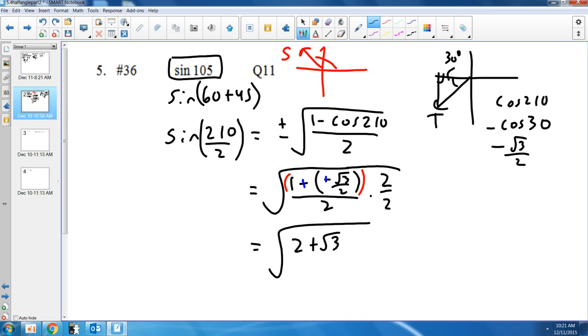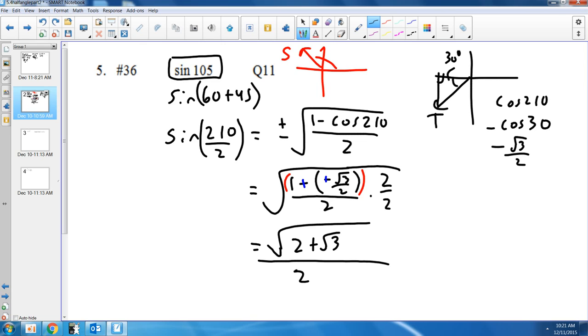And then on the bottom it actually becomes radical 4, so I can put that whole thing over 2, not under the radical anymore, because radical 4 is 2. And that's my answer for that problem.